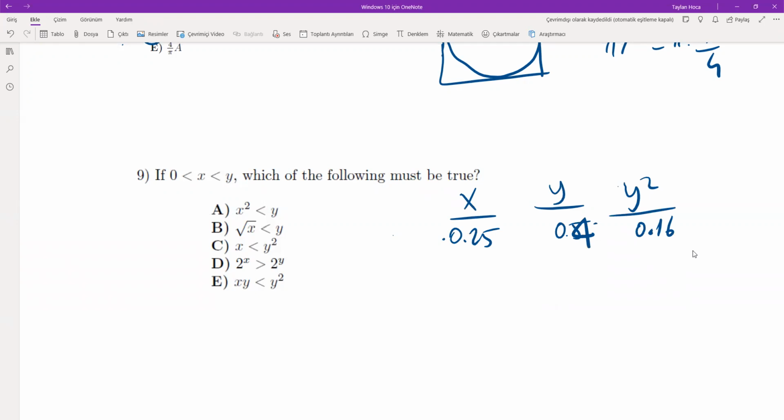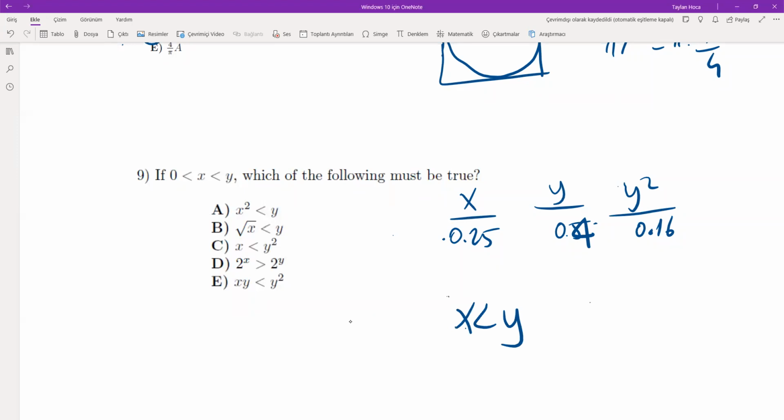So between 0 and 1, if the opposite is not specified, squaring or cubing or taking the fourth power, a greater power, makes the number smaller, while square rooting, cubic rooting makes the number greater between 0 and 1, right? It's the exception. But here, of course, I can use the exception. So x is less than y.